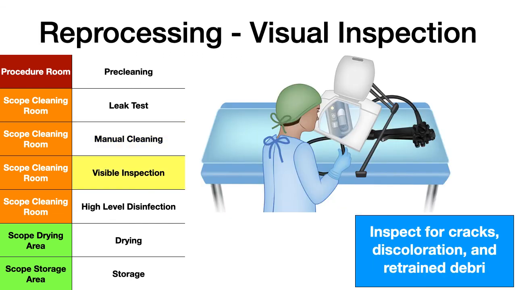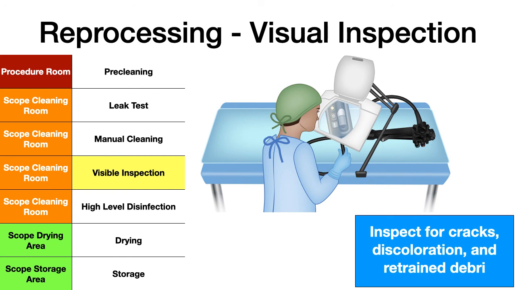After the manual cleaning, you inspect the scope under a magnifying glass with nice lighting for cracks, discoloration, and retained debris under the elevator in the case of an ERCP scope or an EUS scope. Once you feel that there are no cracks and no debris, you take it to the high-level disinfection. If you find that there is debris, you go back to the manual cleaning.